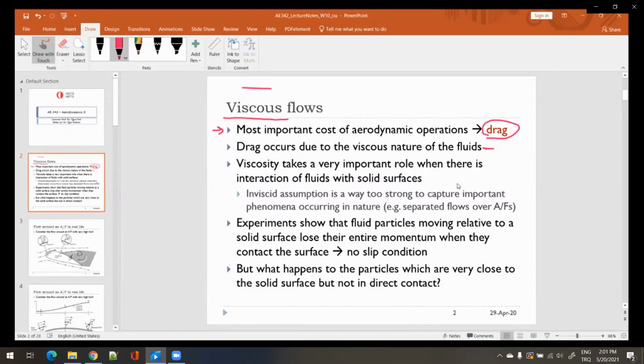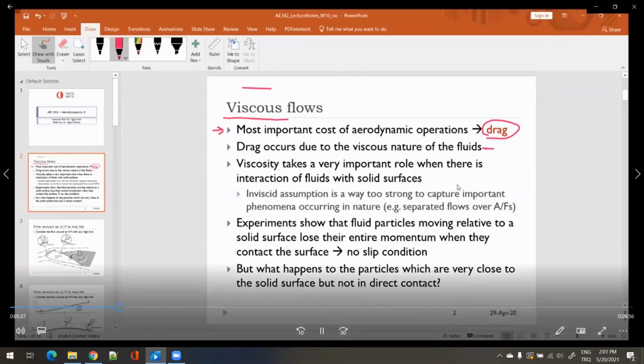Plus, of course, the smaller the drag for those aircraft, the smaller the amount of thrust you need, which means, as you have probably seen in the propulsion classes, that the engines will have to consume less fuel. So estimating correct drag by some theoretical means is very critical so that you can estimate your fuel consumption very correctly.